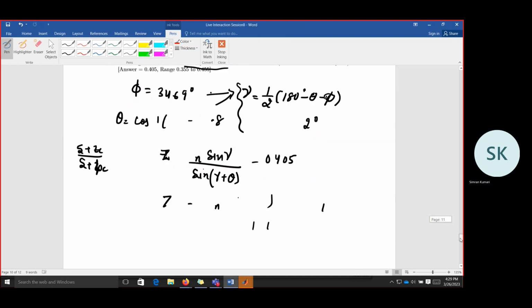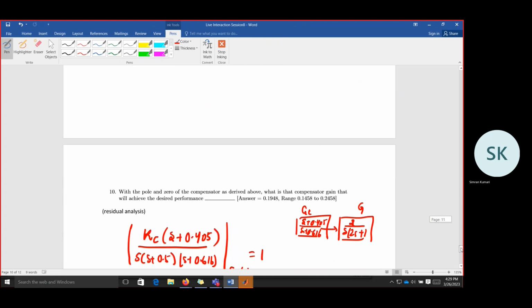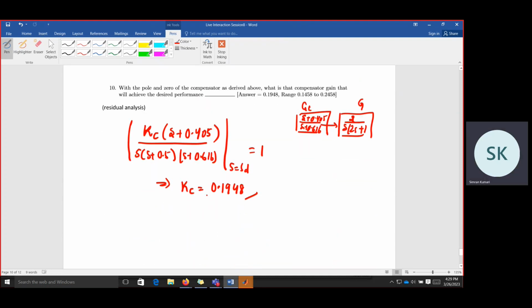That was 0.1948, that is Kc. But apart from this, we had this 2 in the plant. So overall k is, because in plotting we had not considered this 2, so overall gain is 0.1948 into 2. So this is what we are expecting.